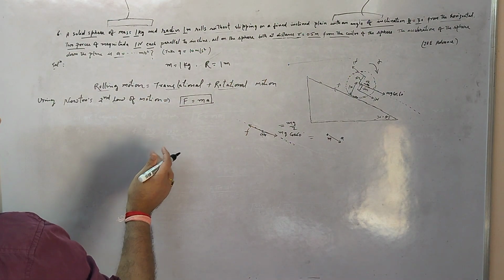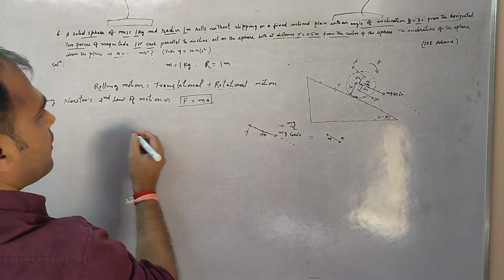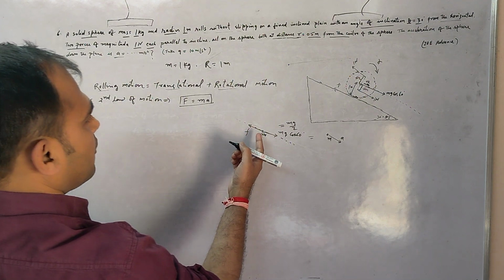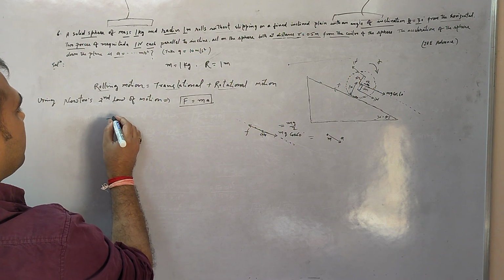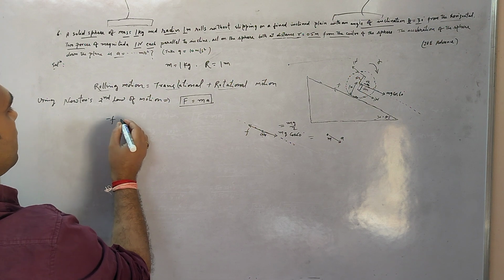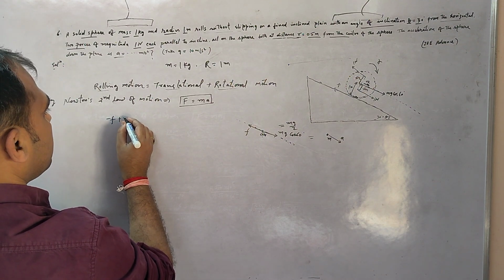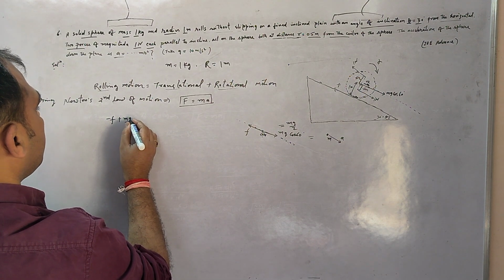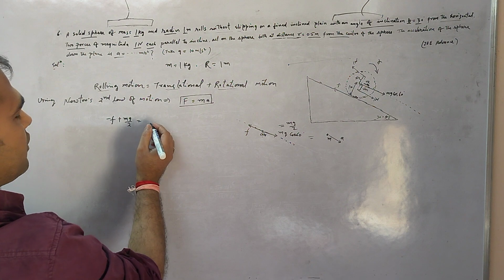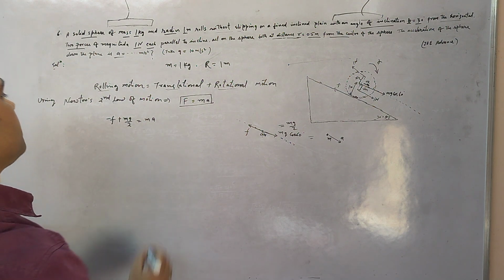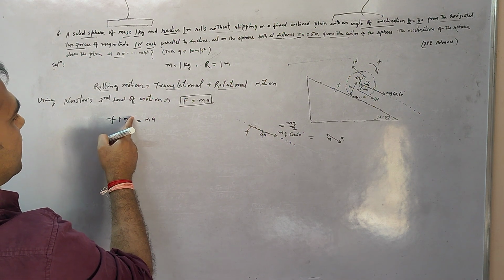Now put the values in this formula. F upward, so minus F, this is the frictional force, plus mg by 2 acting downside, will be equal to m into A. Now m is equal to 1, g is 10.